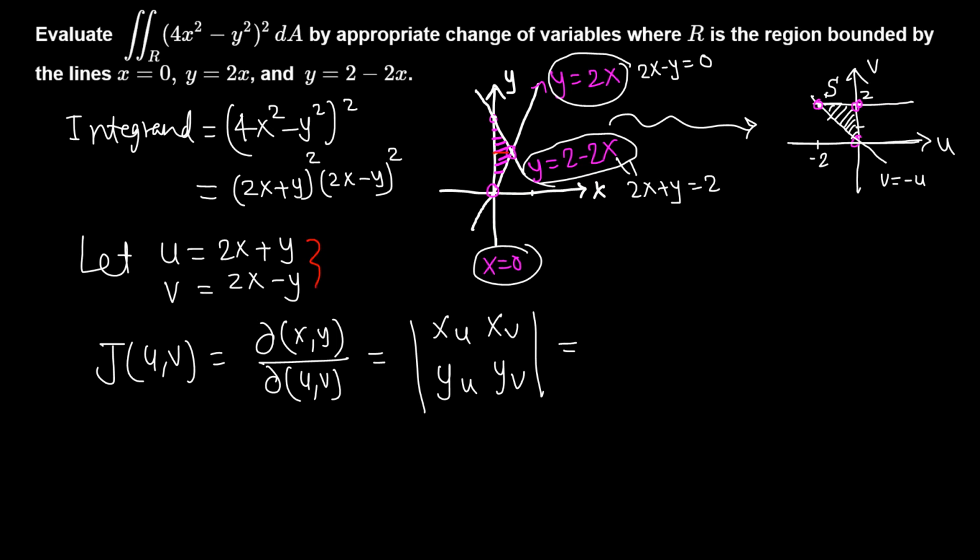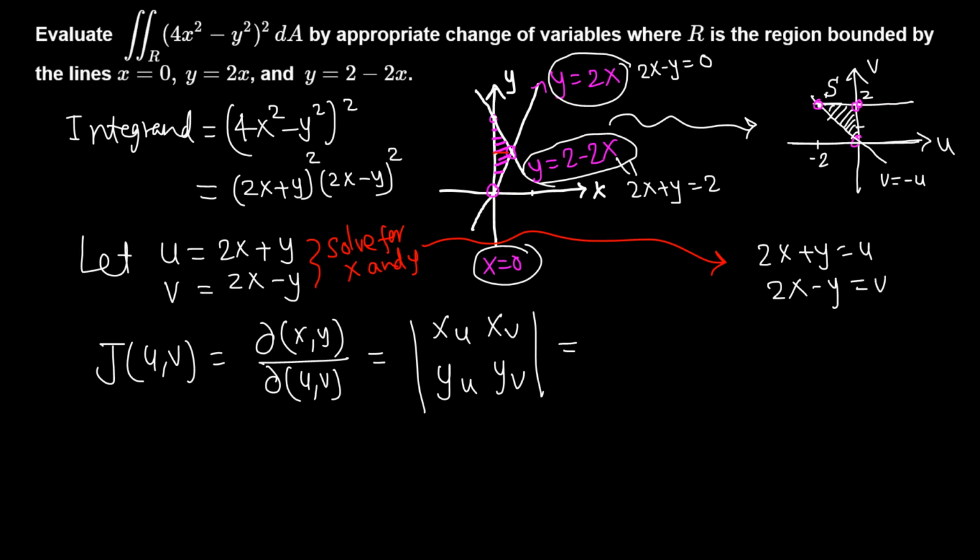So solve these equations for x and y. We have 2x plus y equals u, 2x minus y equals v. If we add these two equations, the y terms cancel, and we get 4x equals u plus v. So x equals 1/4 u plus 1/4 v.